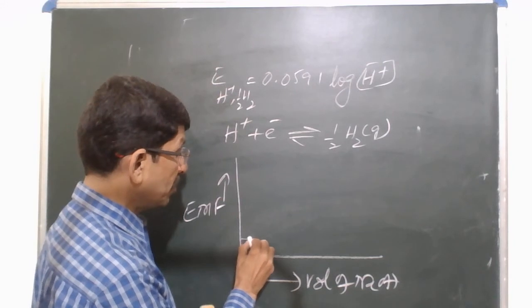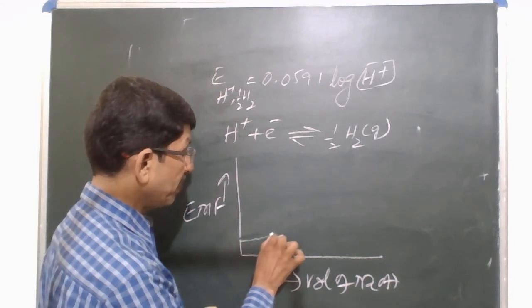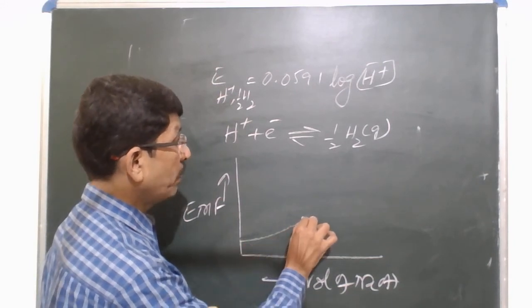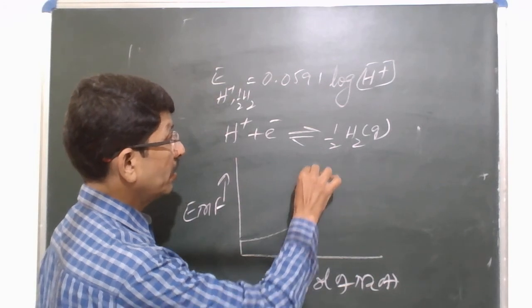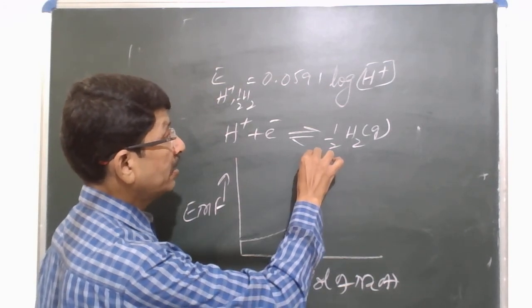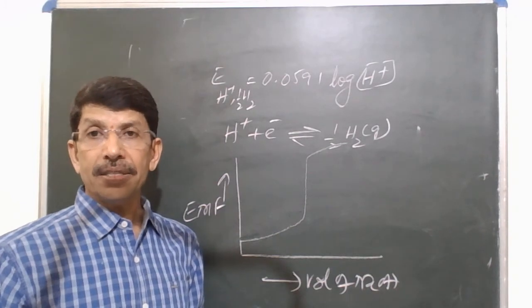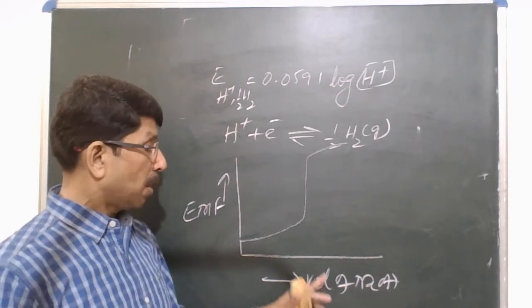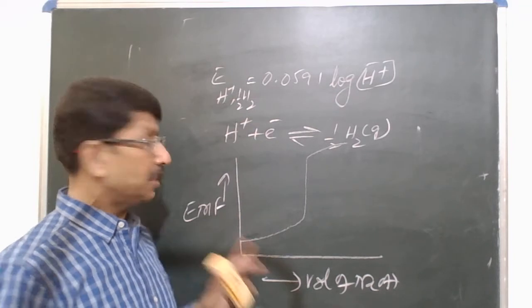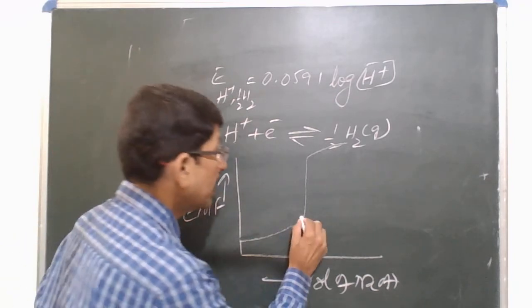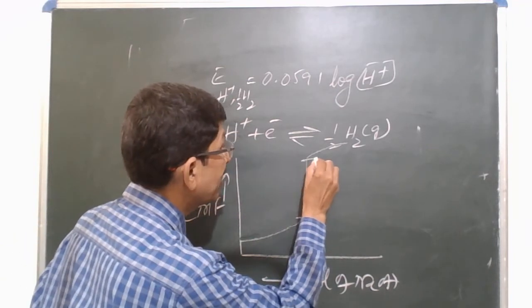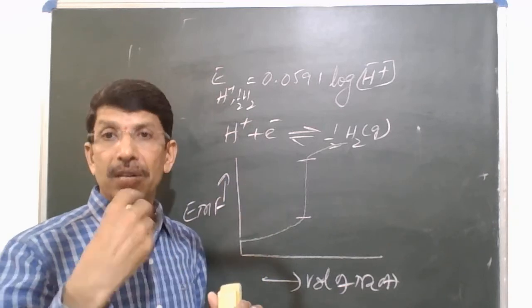Gradually there will be an increase in EMF, and at the equivalence point there is a sudden increase. Once you find a sudden increase, take 4 to 5 readings after the sudden increase, then stop. Then plot the graph of volume of NaOH versus EMF. So this is the region of sudden increase in the EMF at the equivalence point.